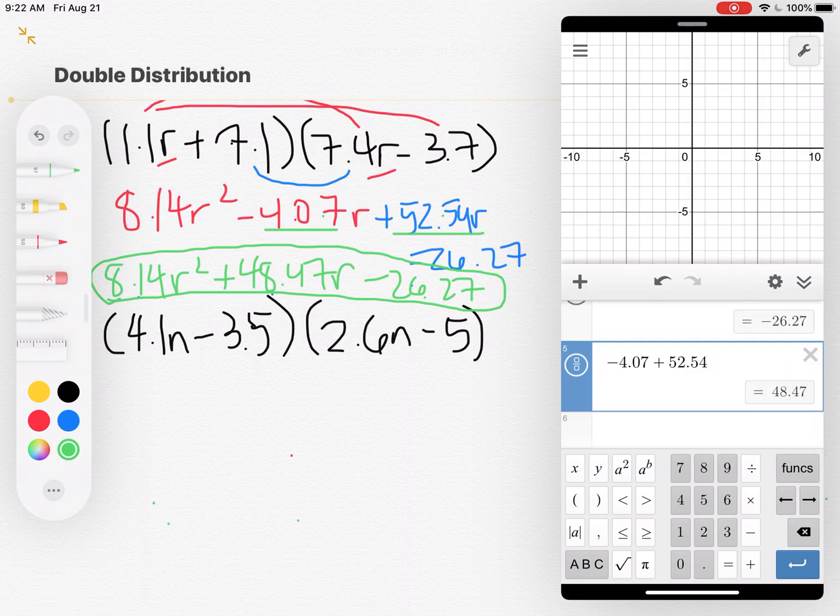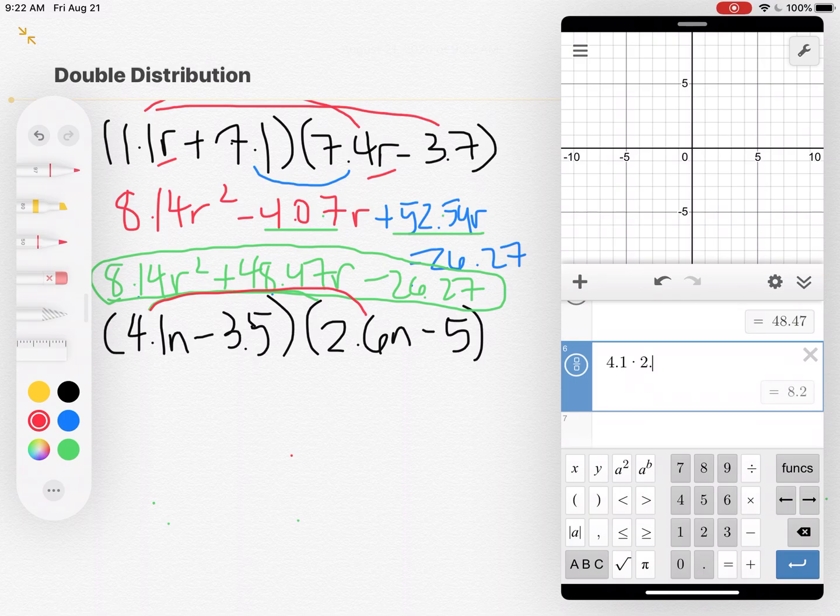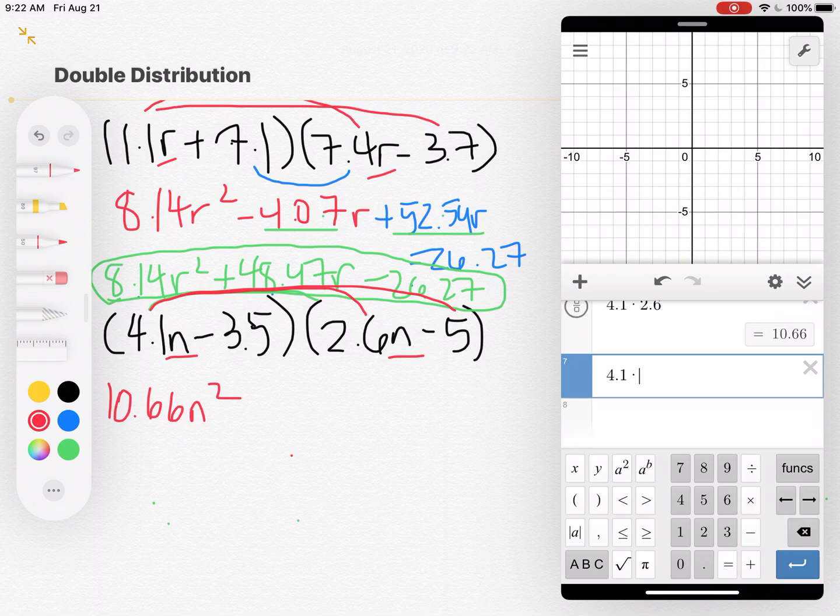All right, let's do some more decimal fun here. 4.1 times 2.6 is going to be 10.66. N times n is n squared. 4.1 times negative 5 gives us negative 20.5, and then we have an n there. Now distribute your negative 3.5.